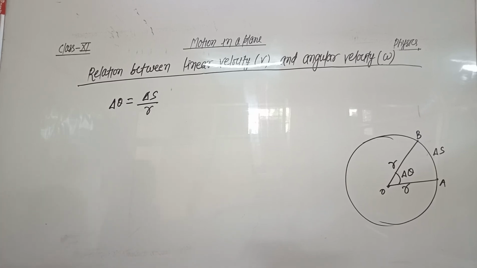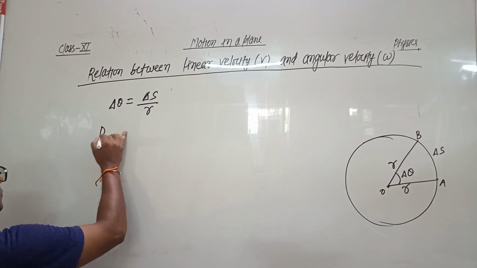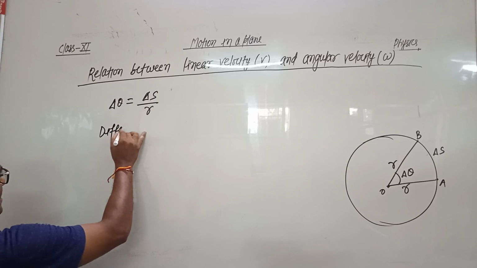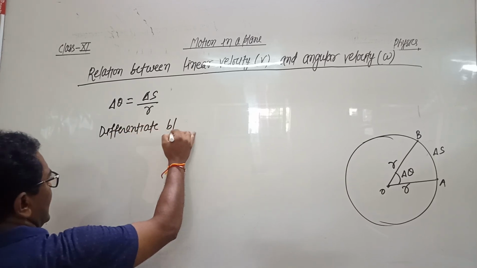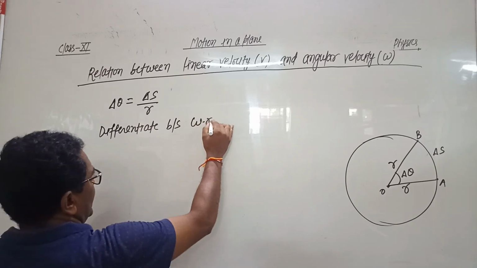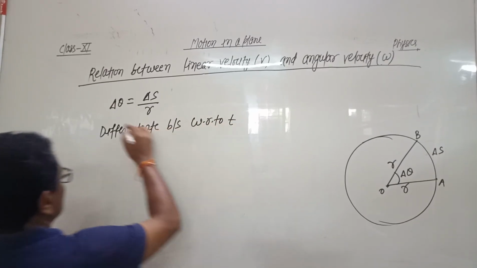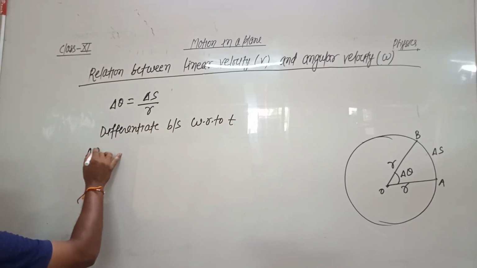Now differentiate both sides with respect to t. So delta theta by delta t equals 1 by r, which is a constant term, times delta s by delta t.